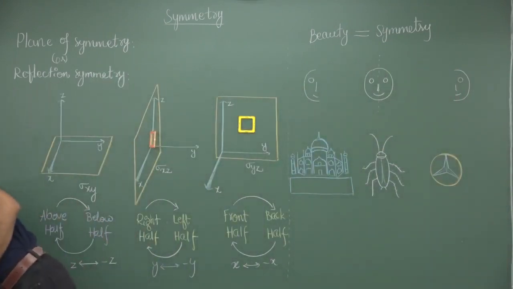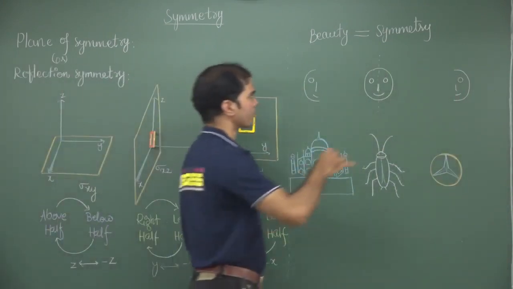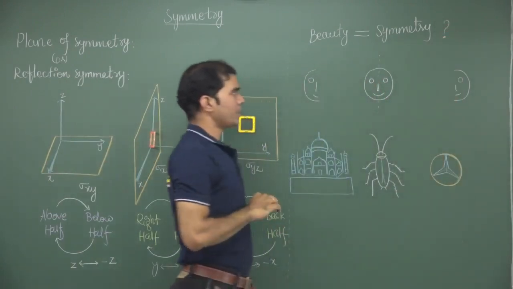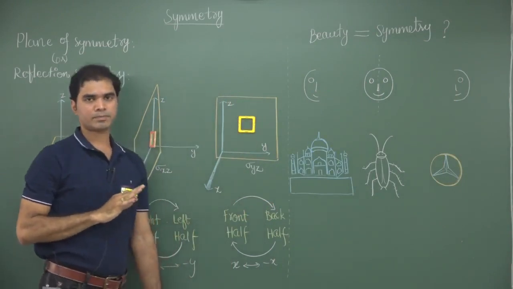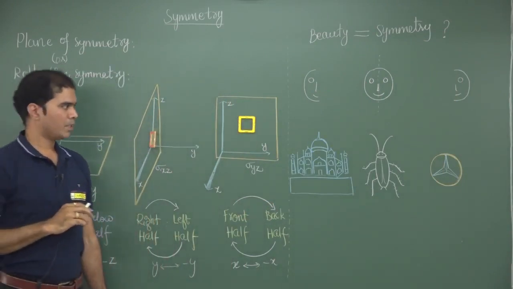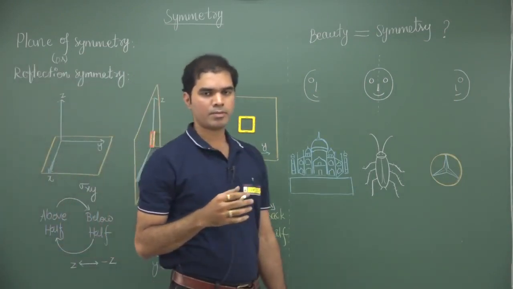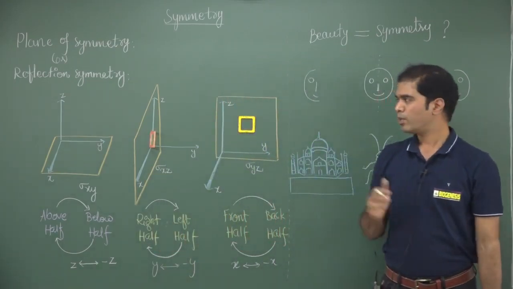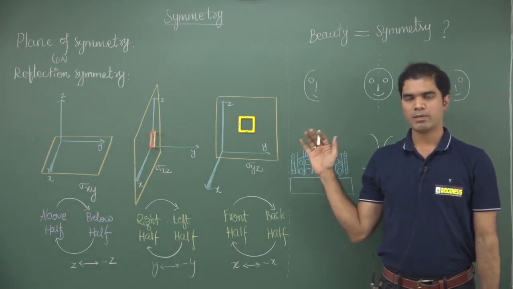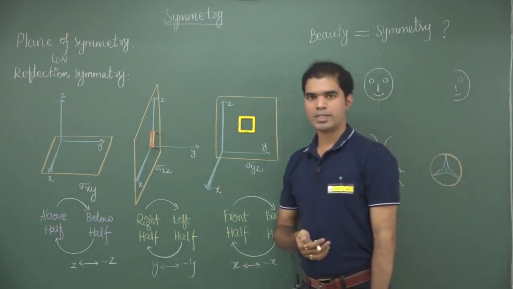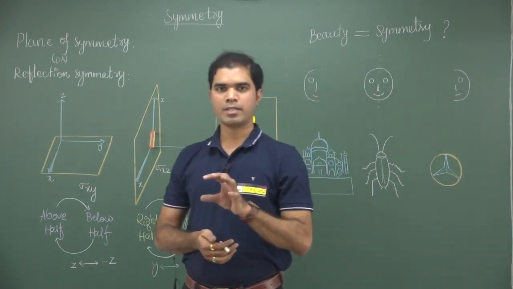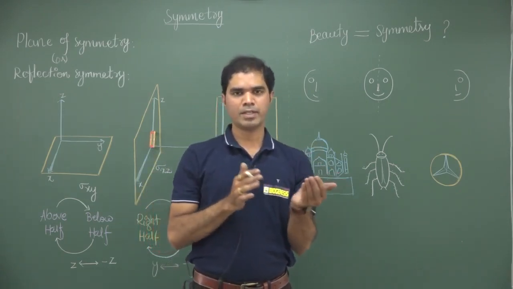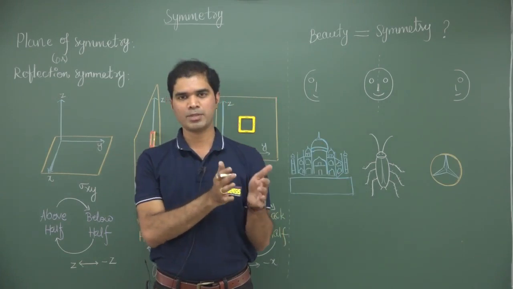Now there is a concept which is always fascinating people, saying that beauty is related to symmetry. Because we see that most of the constructions like Taj Mahal, Lotus Temple, Charminar, or many temples, mosques, churches, all these constructions or any architectural constructions you can check, they are constructed with a perfect symmetry, where just by a look you can say that one half is looking like a mirror image of the other.